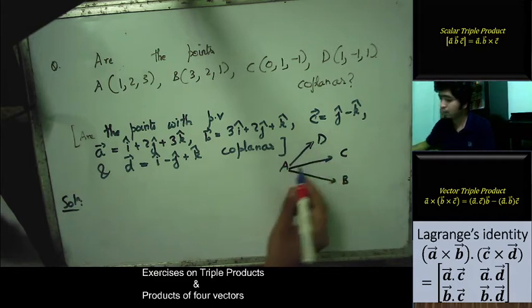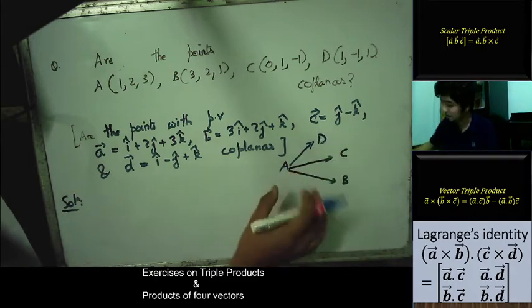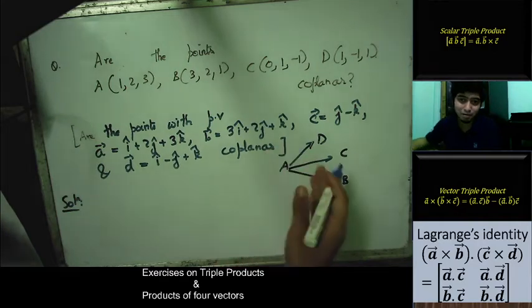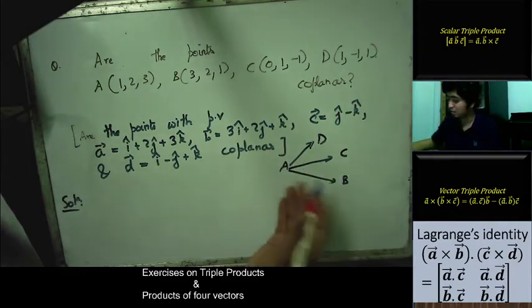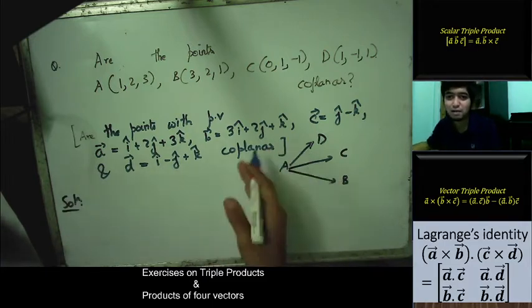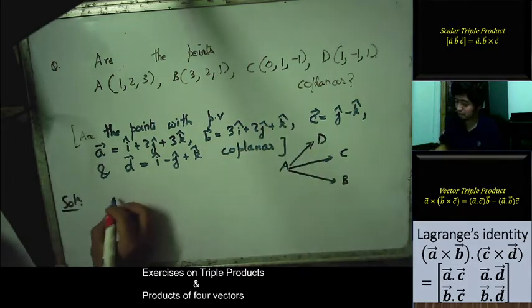But if these points are coplanar, even if you form the vectors AB, AC, and AD, we can all draw them in the same plane, in the plane of the board. So A, B, C, and D are coplanar if and only if the vectors AB, AC, and AD are coplanar.